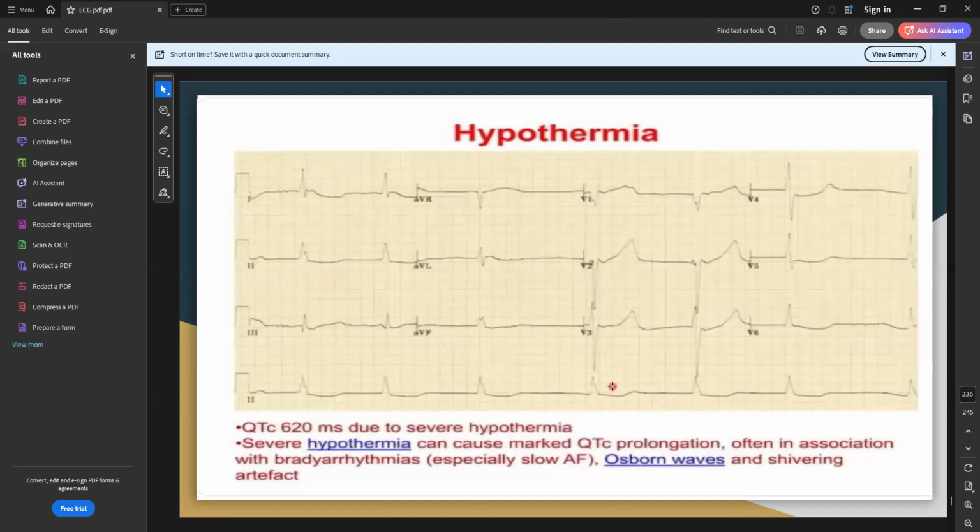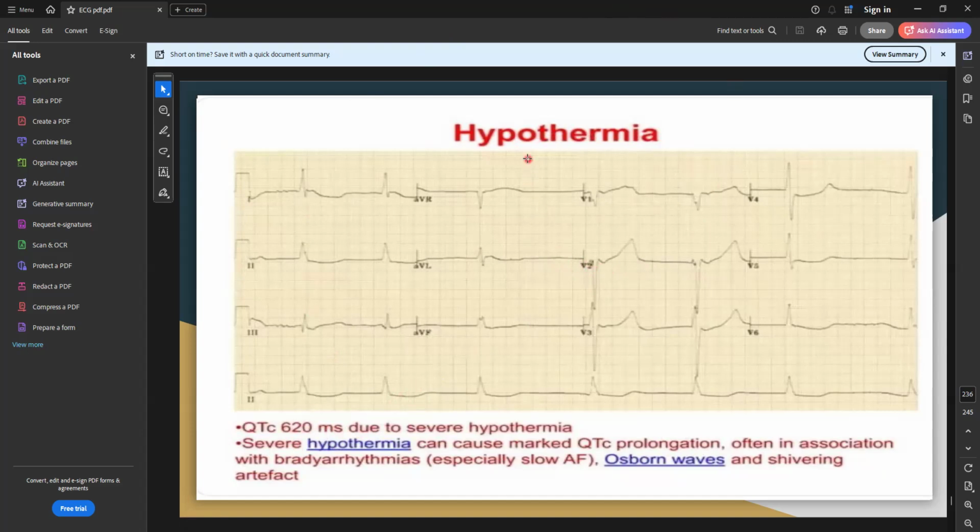Here you can see the QT interval is very much prolonged. That is, QTC is of longer duration, about 620 milliseconds, especially in severe hypothermia patients.